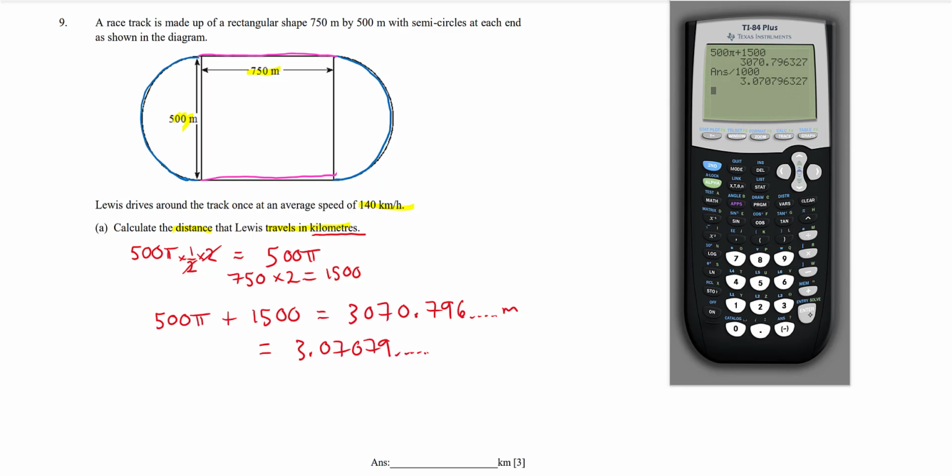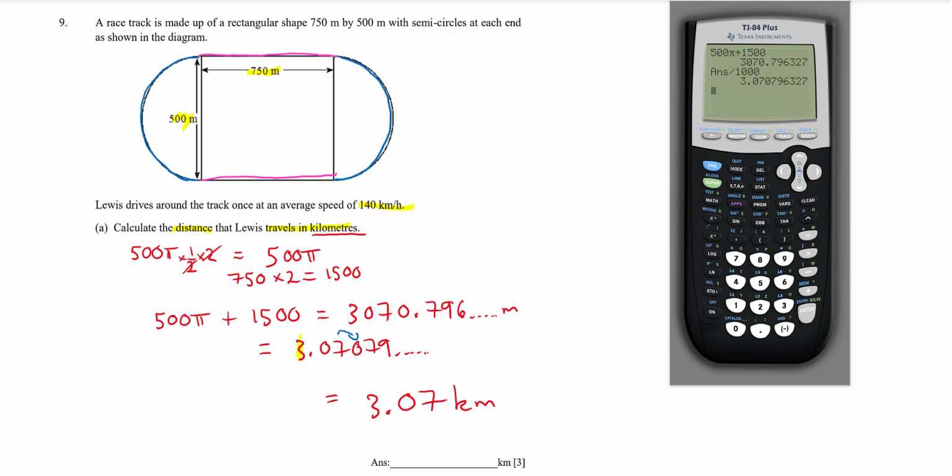But we're going to just round it to 3 significant figures. So our first significant figure is 3 here. So we count across 1, 2, 3. Look at the next number, it's just a 0, so we round down. So in this case, the answer is just going to be 3.07 kilometers. Okay, so that's the answer to part A.